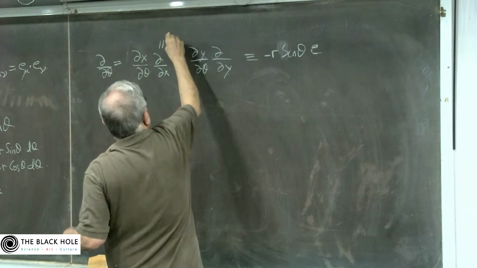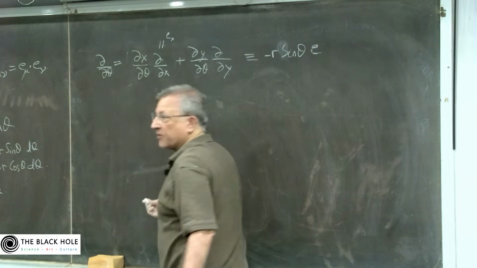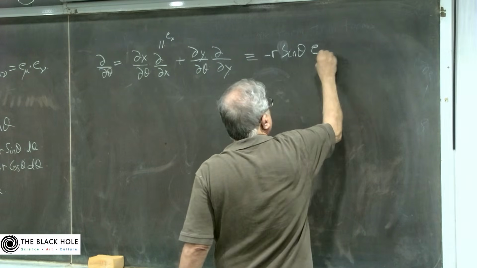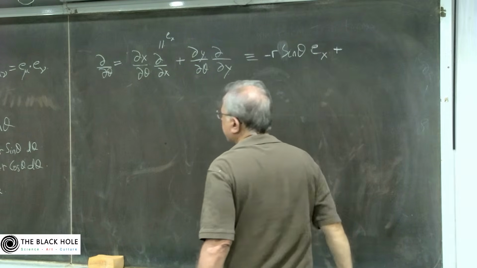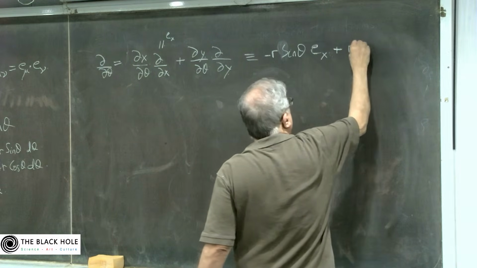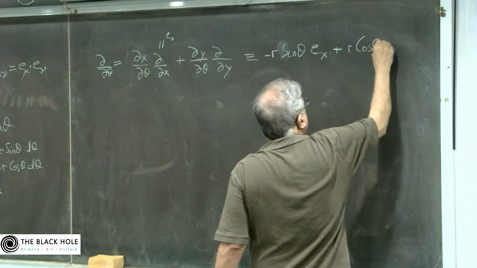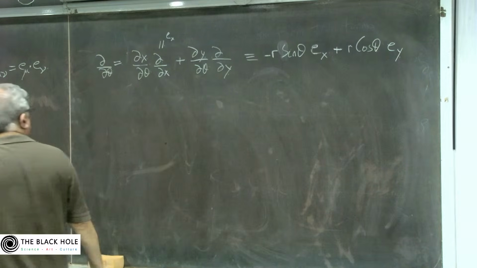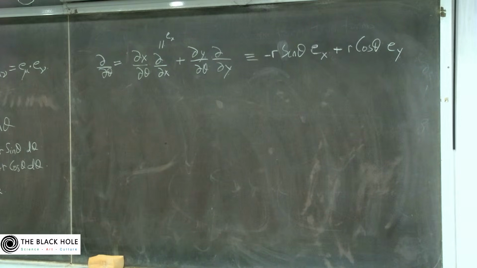Ex. That's the vector in the x direction. And d by dy will be the same, except that you have r cosine theta dy.